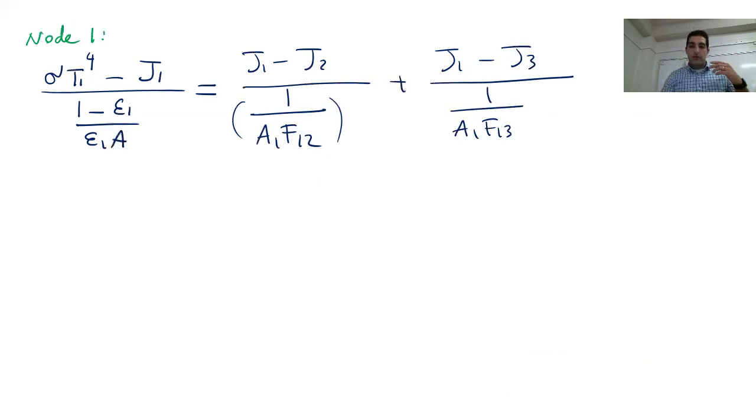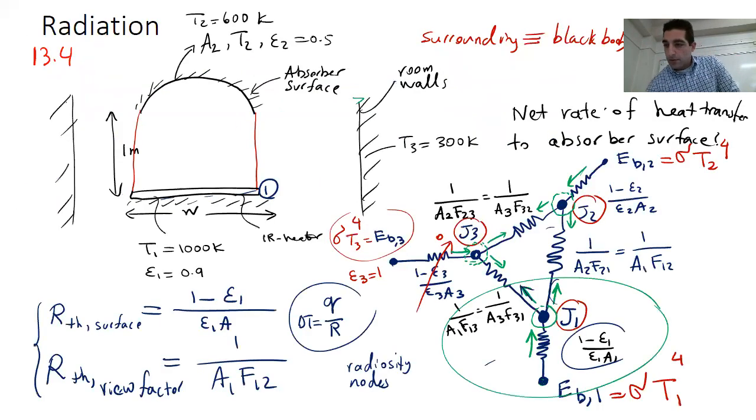And remember, we have to write three equations because we have three nodes, because we have three unknowns. Now for node 2, quickly here, I can say Eb2, which is sigma T2 to the power of 4, minus J2, divided by the resistance between, which is (1 minus epsilon 2) over epsilon 2 A2, is equal to this portion plus this portion.